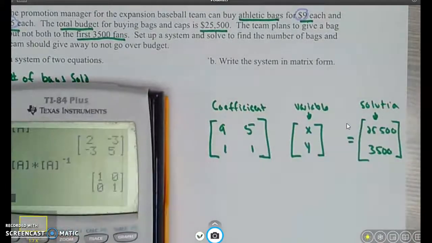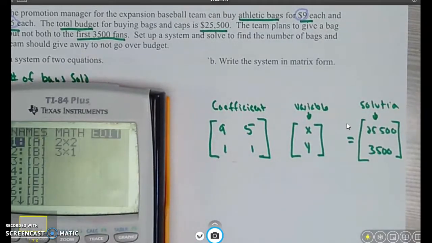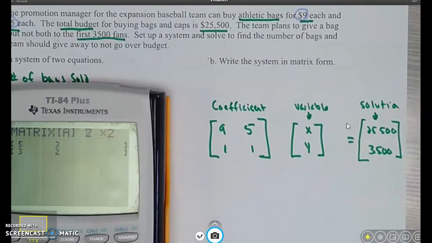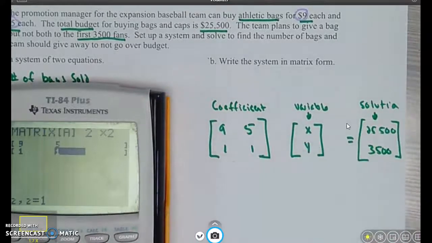In my calculator, I'm going to type this into matrix A just like what we did. So I'm going to go second matrix, press enter on edit, and type in 2 by 2 again. And it's going to be 9, 5, 1, 1. That's what this matrix is. So I want to find the inverse of this matrix.